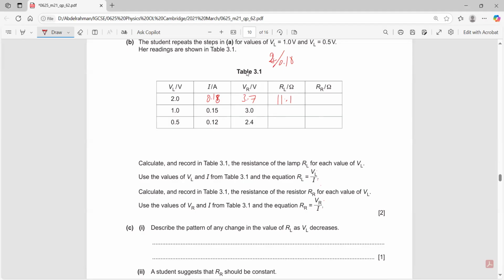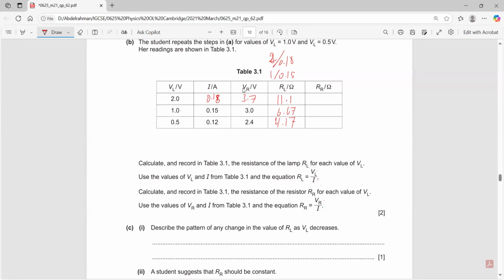And then the second one would be 1 divided by 0.15, which is 6.67. And then the last one would be 0.5 divided by 0.12, which is 4.17. So this is RL.